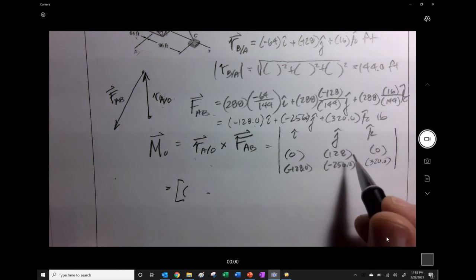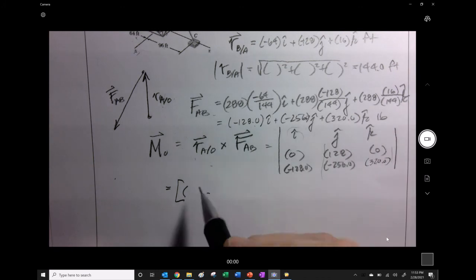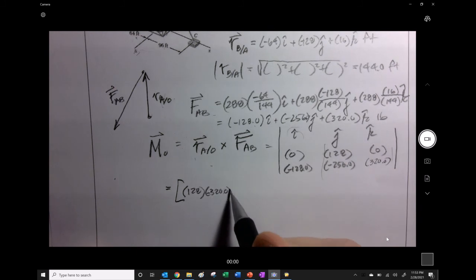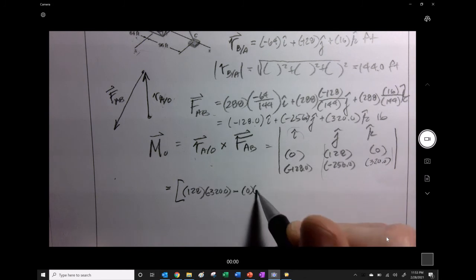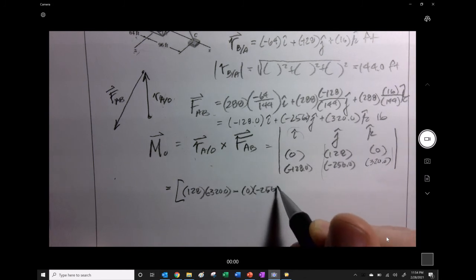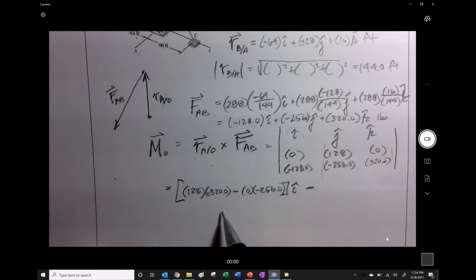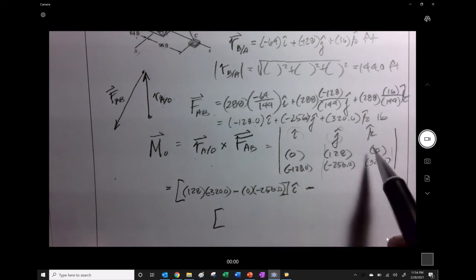And off we go. We're going to do I, so we do this bottom right hand corner, 128 times 320, and then minus our 0, and what does it matter because it's already 0. Minus, make sure we get that minus when we put it in here, and we see that we're going to go J, but it's going to be that one across that one, and that one across that one.